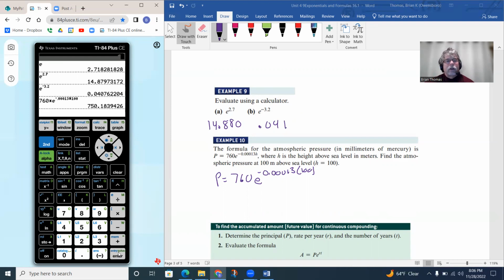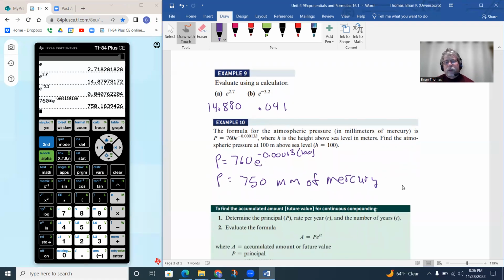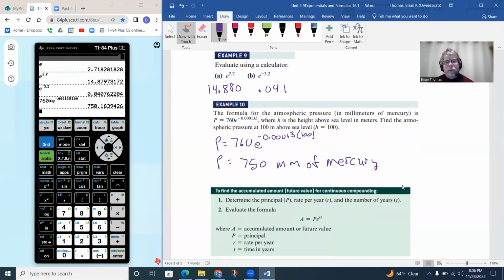If I hit enter, that'll give me the atmospheric pressure. So if we round that to the nearest whole number, that'd be 750. So it's going to be millimeters of mercury. So back in the day, they actually had thermometers and stuff made out of mercury, which react with temperature as well.